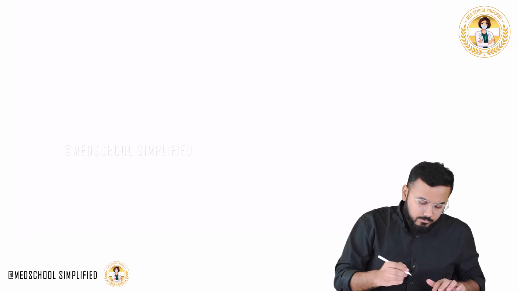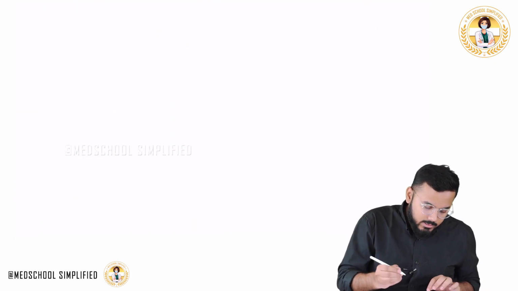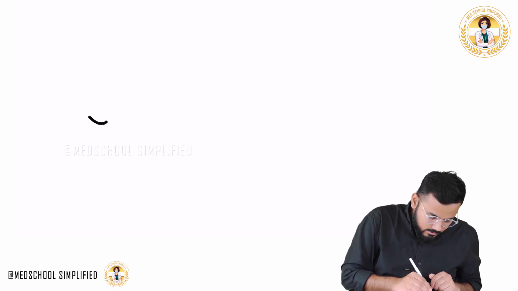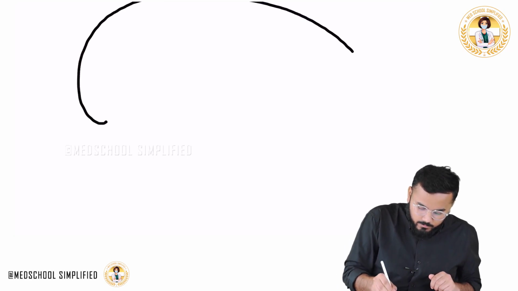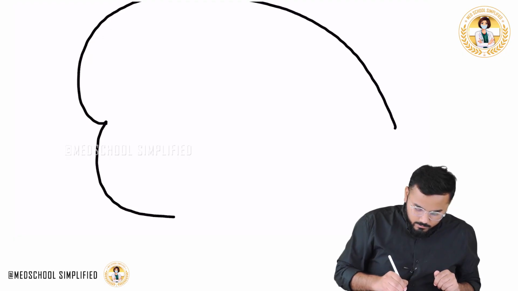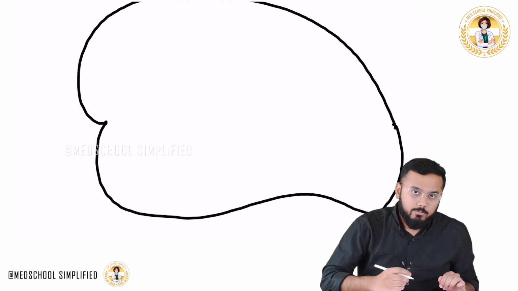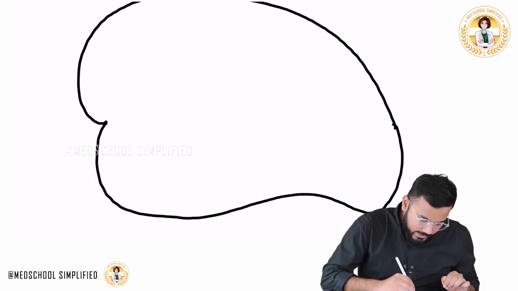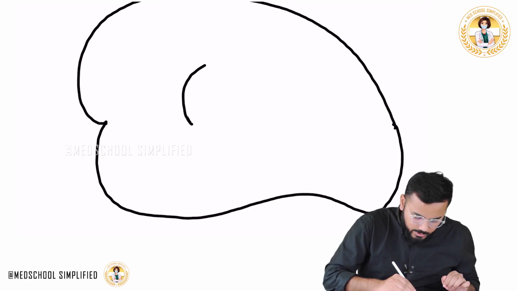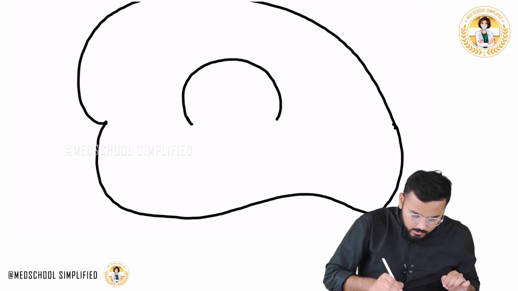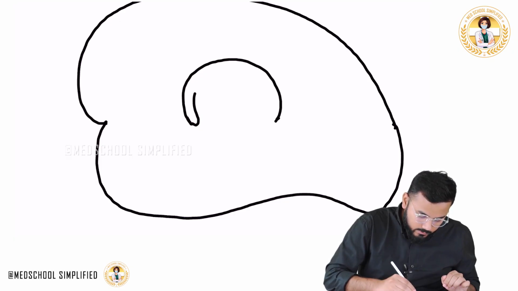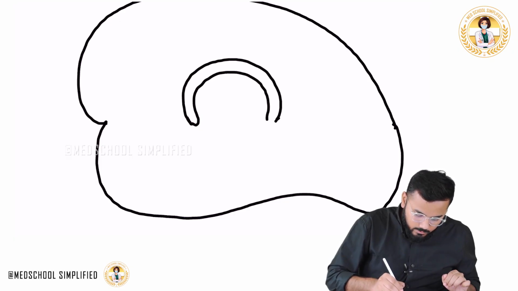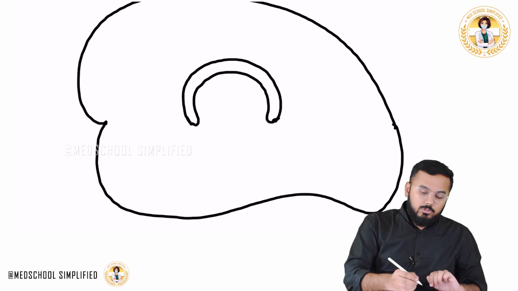Second important thing: right now, exactly here, this was your corpus callosum, right? This structure which I am drawing right now is your corpus callosum. Now in this corpus callosum, what did I tell you?